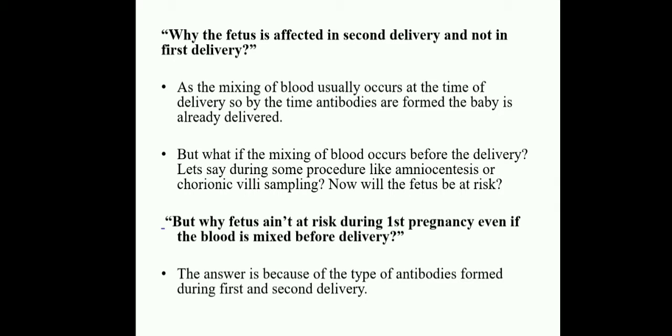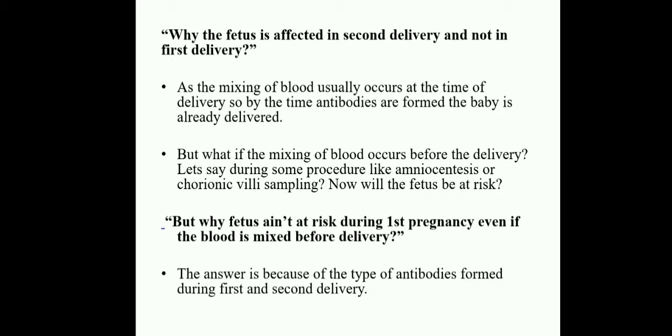But if mixing of blood occurs before the delivery, let's say during some procedure like amniocentesis or chorionic villus sampling, will the fetus be at risk? Whenever you are not doing any amniocentesis or chorionic villus sampling, it won't affect the first child.